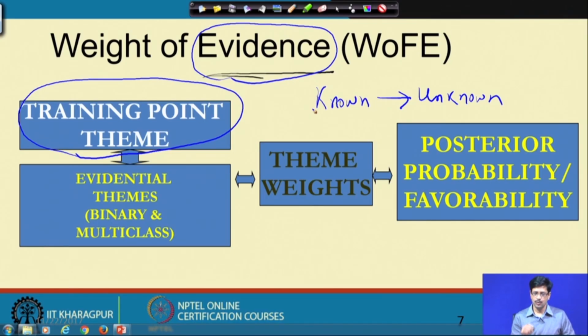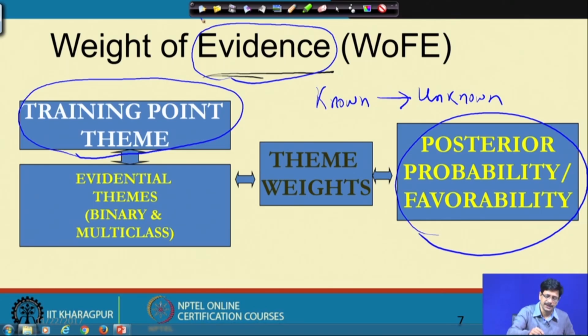We know that a deposit or an ore body is present at a point in space, on the surface of the earth or subsurface, and that particular point has all other attributes in terms of geological, geophysical and geochemical. Now we are going to associate this feature being present with all the other attributes that are observable there, and we will analyze them with this methodology and produce something called a map where the probabilities will be indicated, and we will call it a posterior probability.